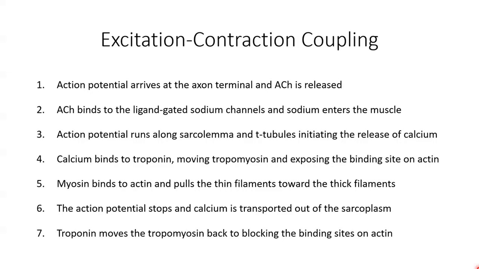Myosin binds to actin and pulls the thin filaments towards the thick filaments in the center of the sarcomere. This is the part that shortens the muscle fiber, or the muscle cell, and therefore causes muscle contraction. The action potential will then stop and calcium is transported out of the sarcoplasm. When this happens, the troponin moves the tropomyosin back into place, blocking those binding sites on actin.